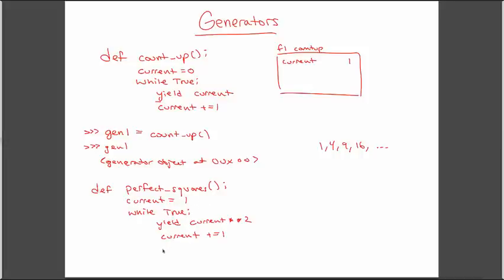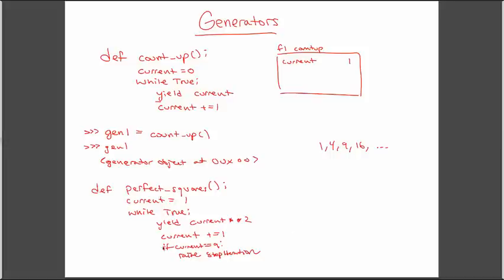Somewhere down here I could say if current equals 9, I could explicitly raise a StopIteration. Now a call to next is going to reach this StopIteration, and my iteration is going to stop. It's going to do exactly what we had in iterators before, explicitly telling the next method that we're done iterating and there are no more values left in the sequence.